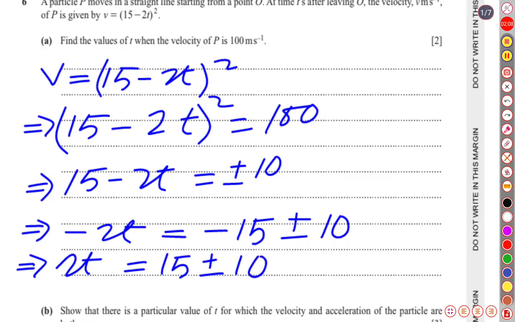Now look at this. If we use the positive symbol, 15 plus 10 is equal to 25. If we divide 25 by 2, our t is going to be 12.5. Let us take the smaller value first. If we subtract 10 from 15, it is going to be 5.